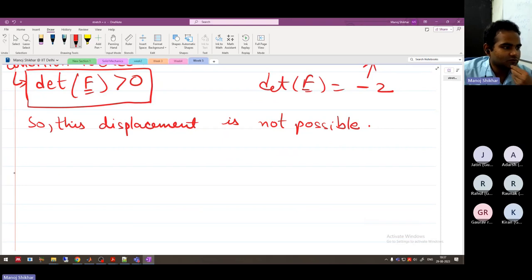Now let's move on to the stretch, the relation between stretch and strain.